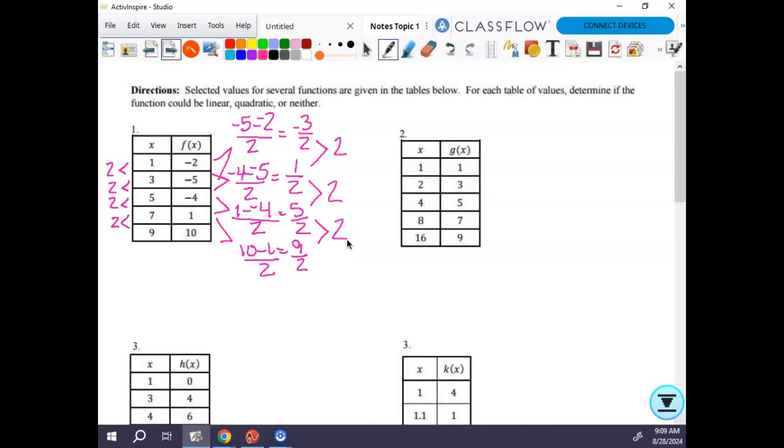So we have already decided that it is not linear. Is this quadratic? Yes. Okay, so here is how we answer this question.